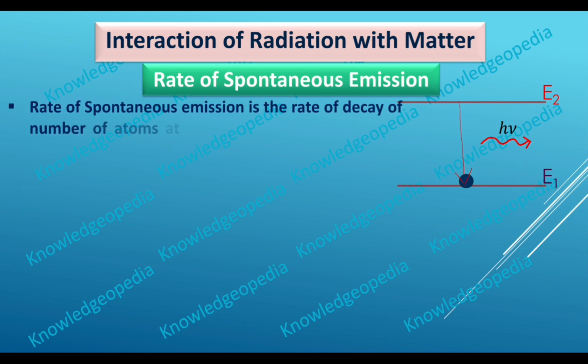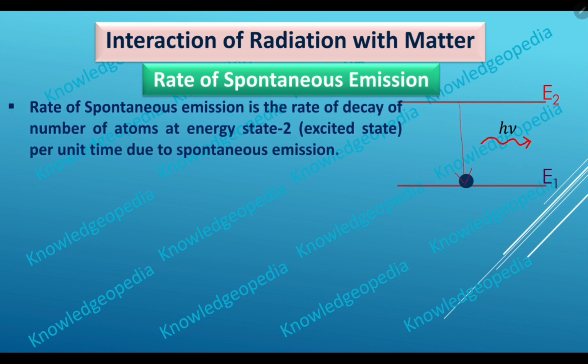So the rate of spontaneous emission is the rate of decay of the number of atoms at energy state 2, that is the excited state, per unit time due to spontaneous emission. Here I am mentioning spontaneous emission because we have two types of emission, one is spontaneous and the second one is stimulated, right? So the rate we are calculating here is for spontaneous emission. Whatever transitions are due to spontaneous emission, we will consider only those.